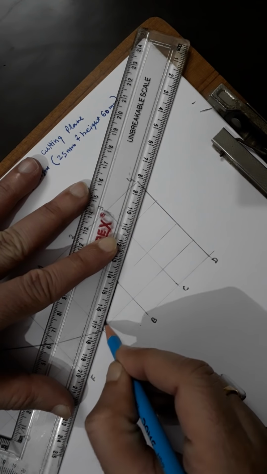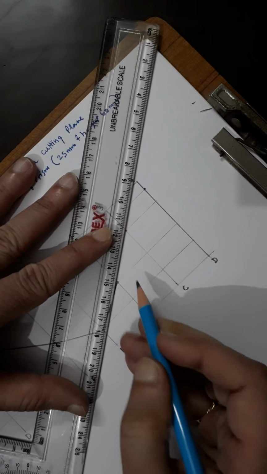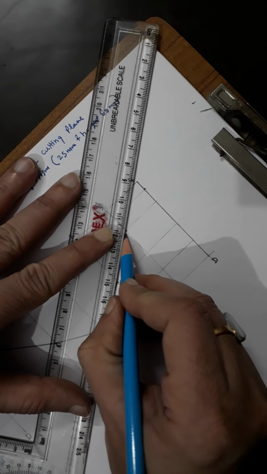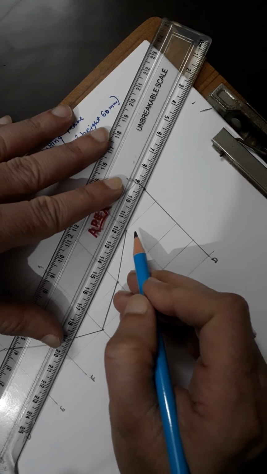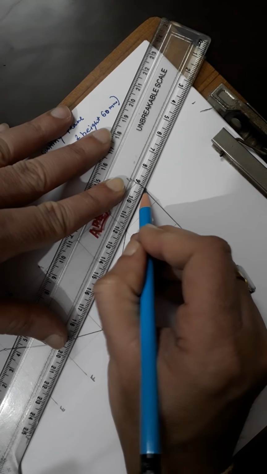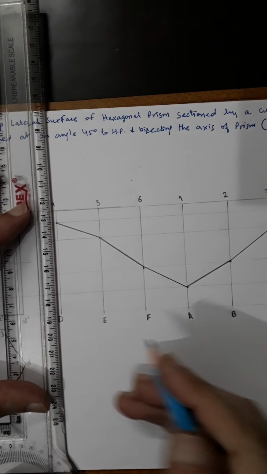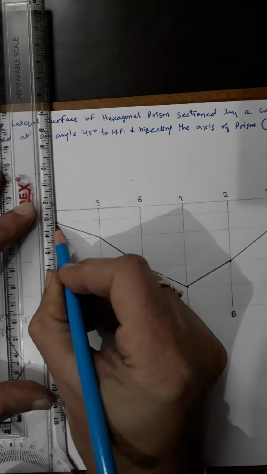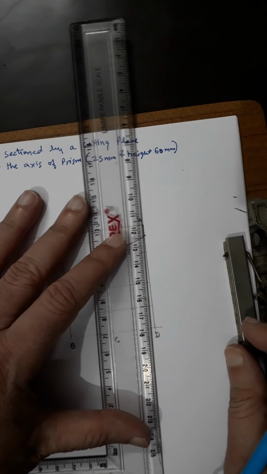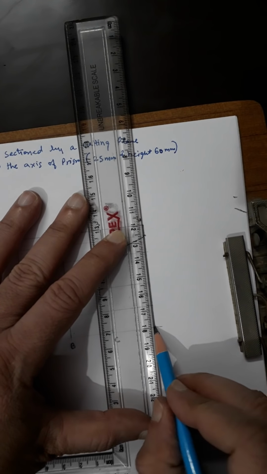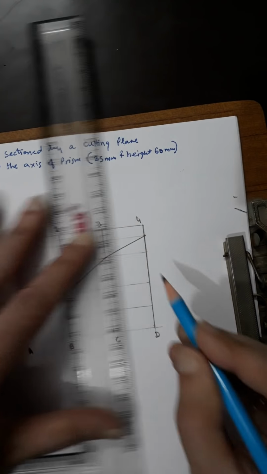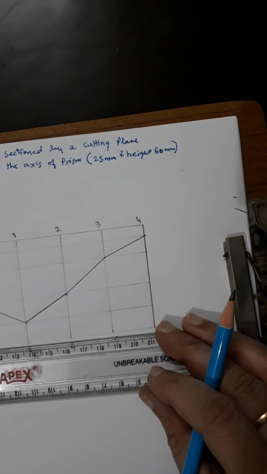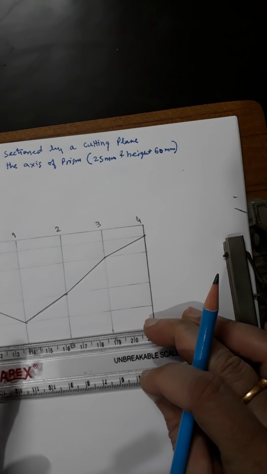All the points you need to join. You can also make these outside edges thick, and the bottom edge as well.